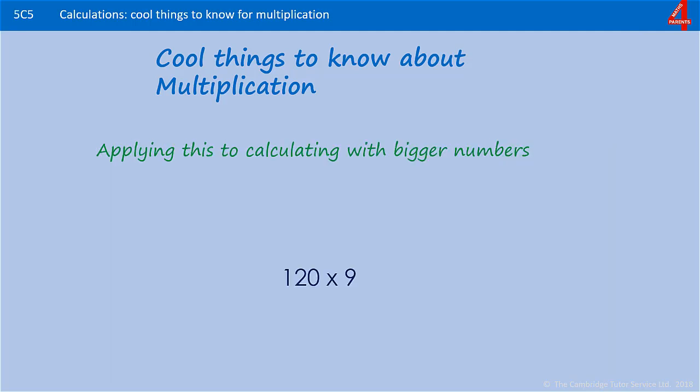This is really useful to know if you're calculating bigger numbers, and you might be asked to do this mentally. First, it's a good idea to know your multiplication tables up to 12 times 12 to be able to do these. If you were given the problem 120 times 9, you might think, oh, I'm going to struggle with that.